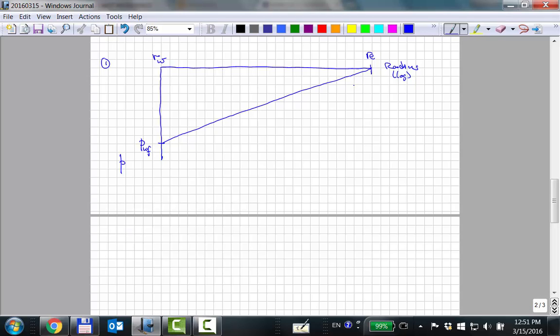Okay? If instead, let's use red, if instead we plotted radius with a linear scale, then it would look like this.